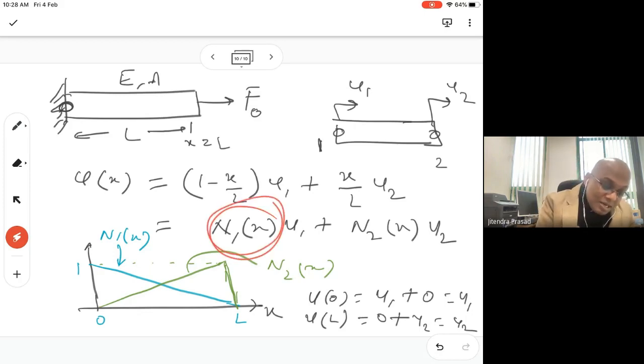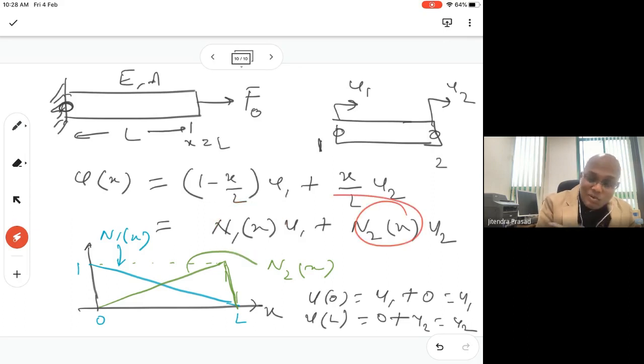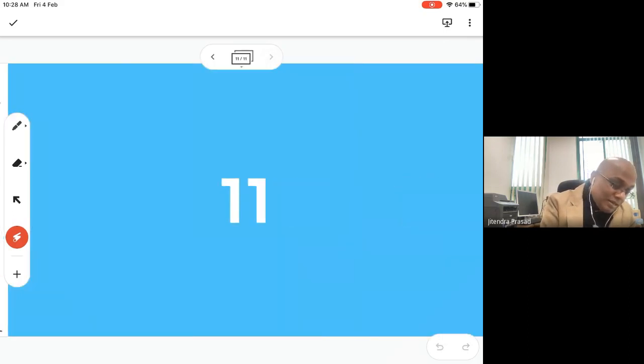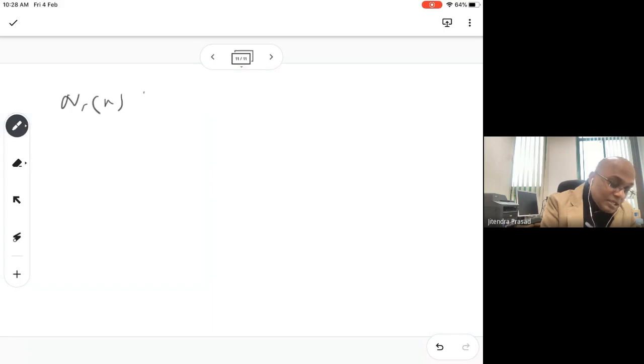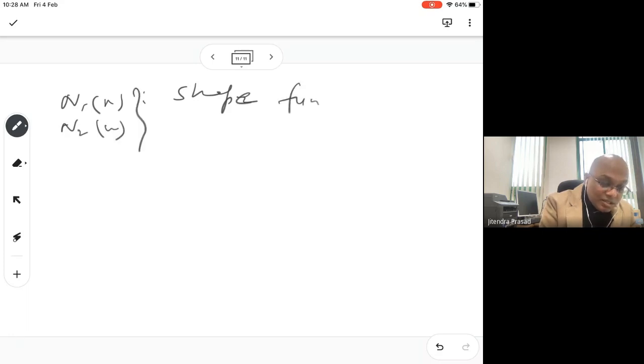So N1(x) is a polynomial, N2(x) another polynomial. You call these shape functions, or interpolation functions.